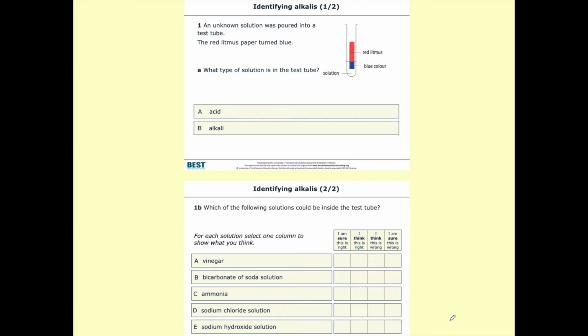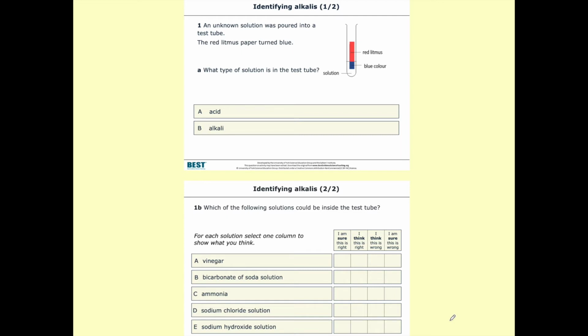And now you have a couple of questions to answer on your worksheet. So pause the video whilst you consider firstly what the solution in the test tube must be if a red litmus paper turns blue, and then filling in a confidence grid for part B as to which of those solutions you think could be in that solution, and think about how confident you are in your answer.